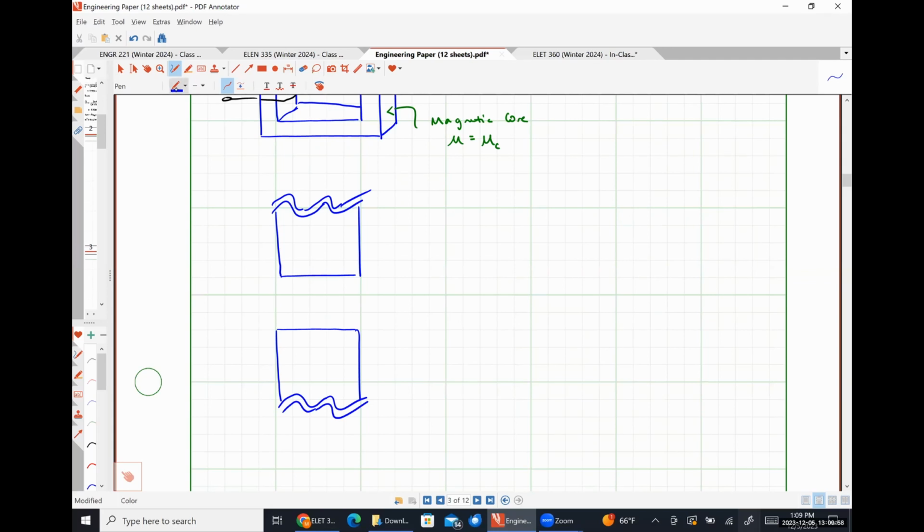What we expect is that our field lines are going to spread out. Right through the center, we have a straight path for our flux, but as we get a little away from the center, our lines are effectively bent a little bit, something like this, and spreading out because of the change in permeability.